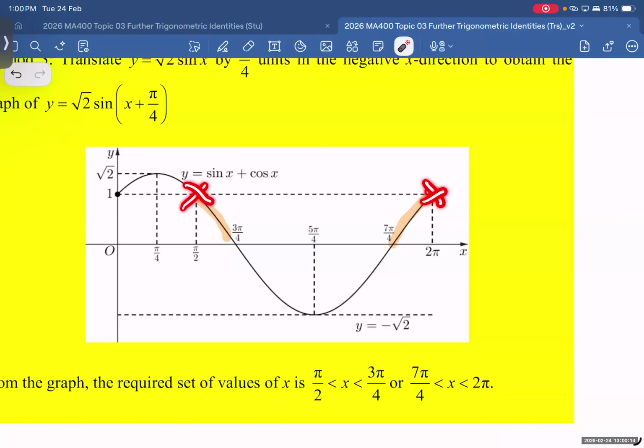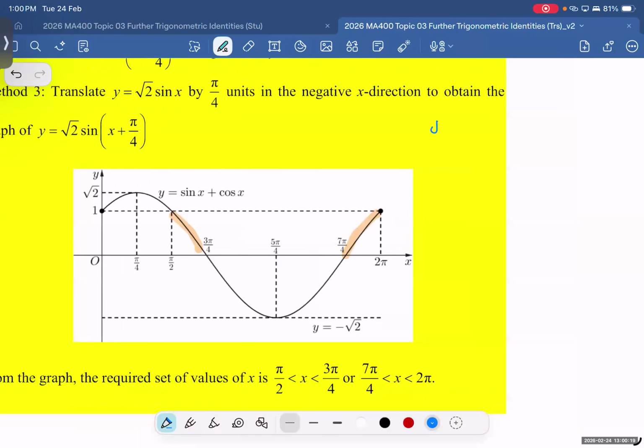Very simple. I take my equation, sine of x plus pi over 4, and I can equate it to 1 over square root 2. Now, what is alpha? What's the basic angle for 1 over square root 2? Pi over 4 again. So you can find alpha first.